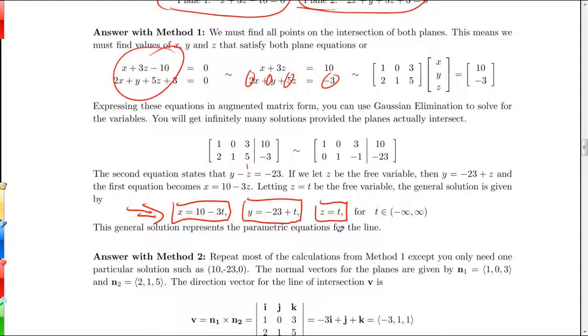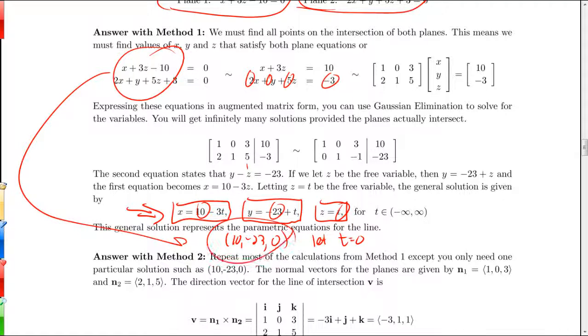So one solution to this system of equations here is just 10, negative 23, and 0, just by letting t equal 0. So now I have one point of intersection. I have two planes. I have one point of intersection.